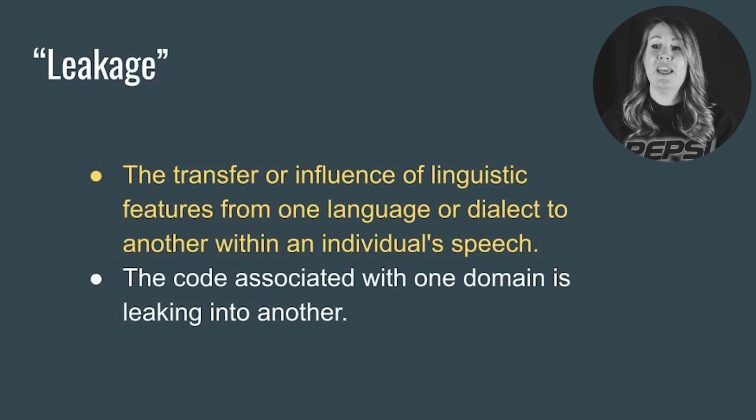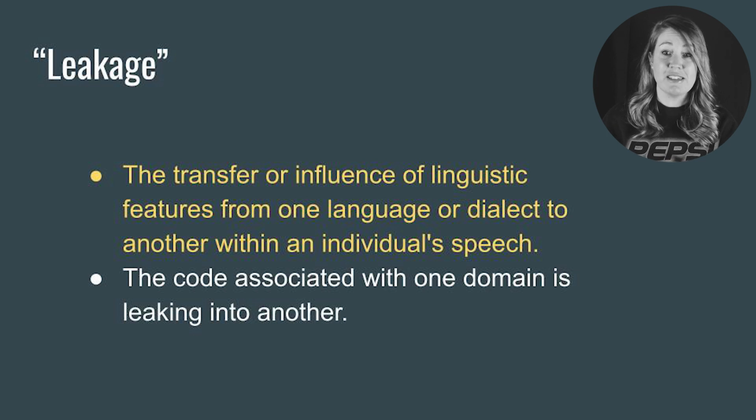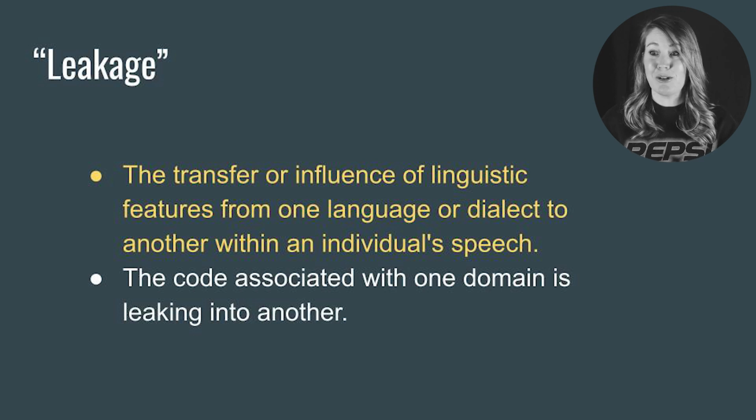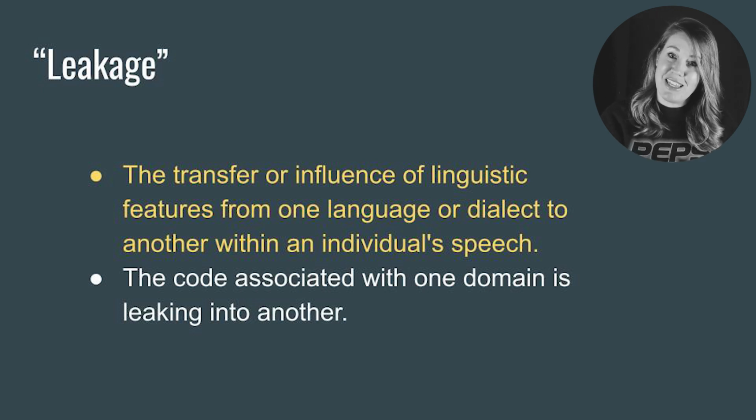For example, an individual accustomed to using slang and informal language with friends, so the friendship domain, may experience leakage when they inadvertently use informal expressions or colloquialisms in a formal workplace setting, so the employment domain. The informal language from one domain influences the language use in the other.